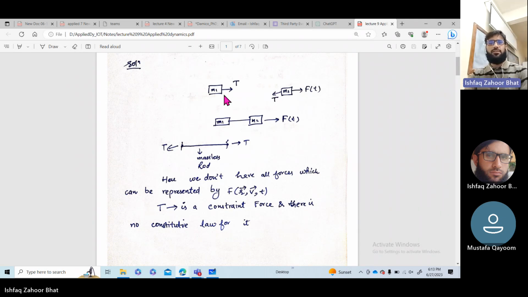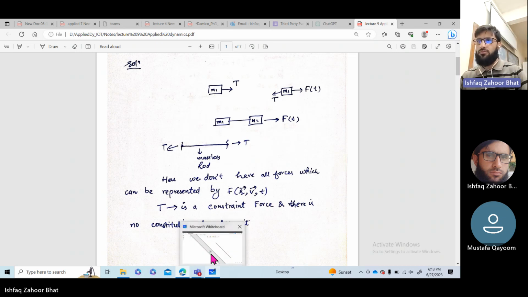In previous cases, we had a spring, or, for example, the gravitational two-body problem in which there was a gravitational force. We don't have any such constitutive law for calculating this tension. By that I mean all the forces which are present here, we can't write them as a function of distance, velocity, and time. If you remember, let me quickly go to the whiteboard.